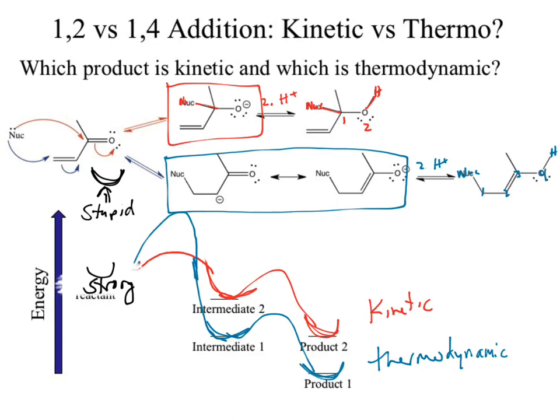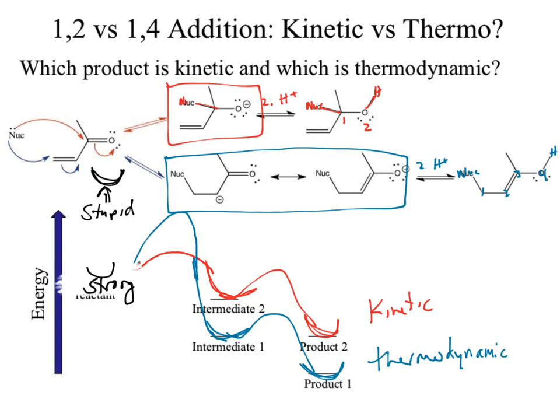I will still form the kinetic first, but it's now reversible. So some percentage of the time, the thermodynamic forms. The thermodynamic is always irreversible. Once I'm in the thermodynamic system, I'm stuck there all the way out to the end. Based off of equilibrium, Le Chatelier, and all that fun stuff, I end up with only the thermodynamic product.